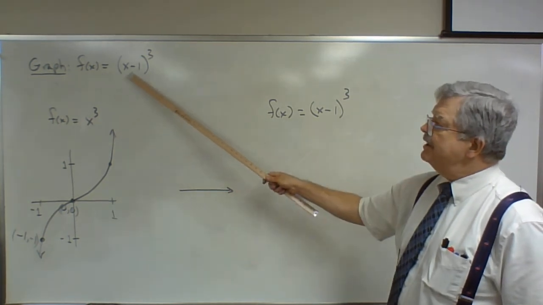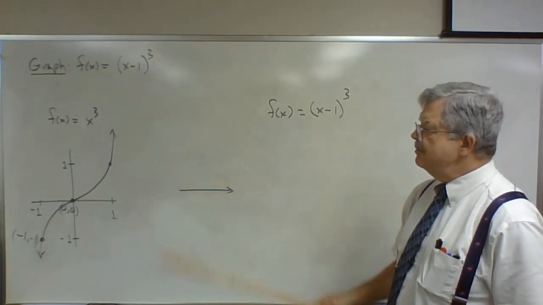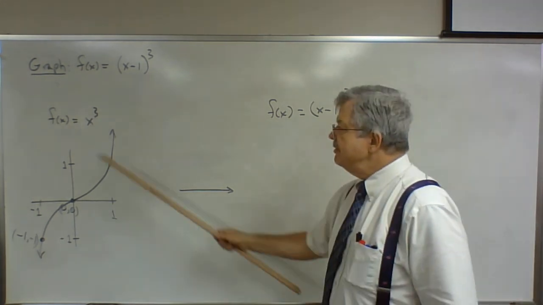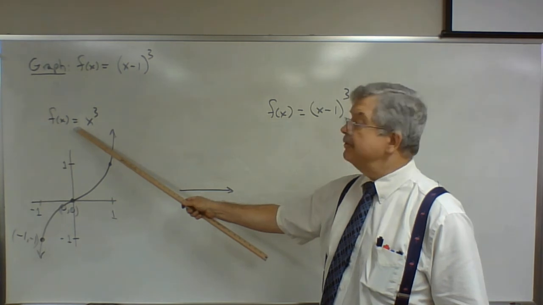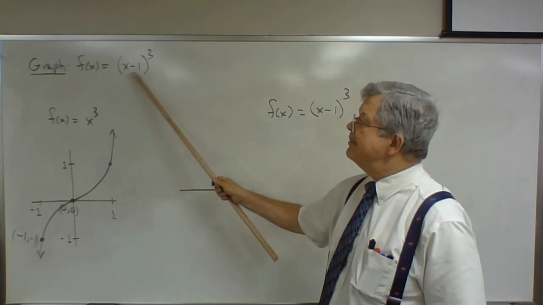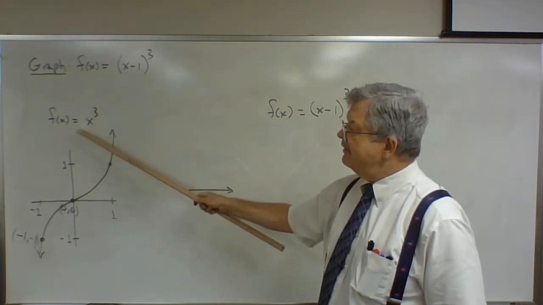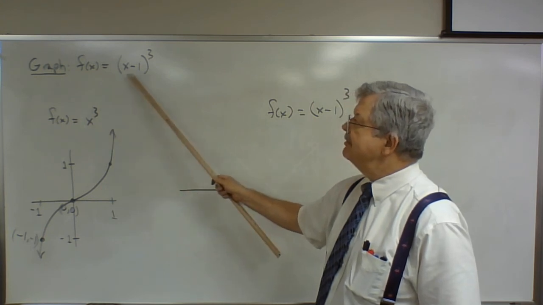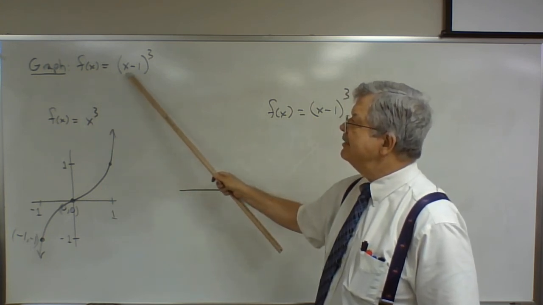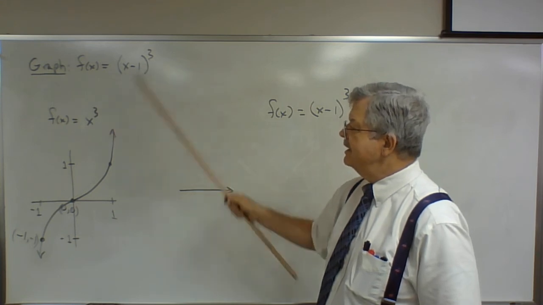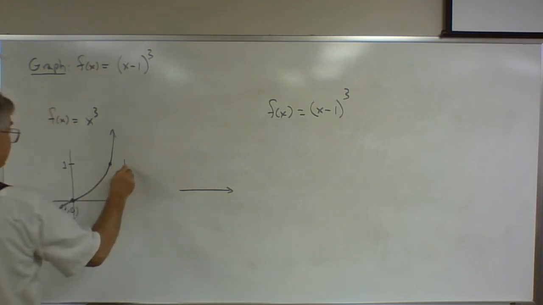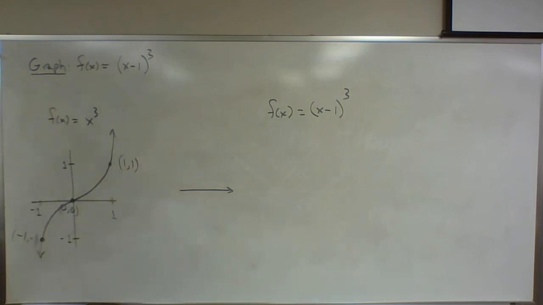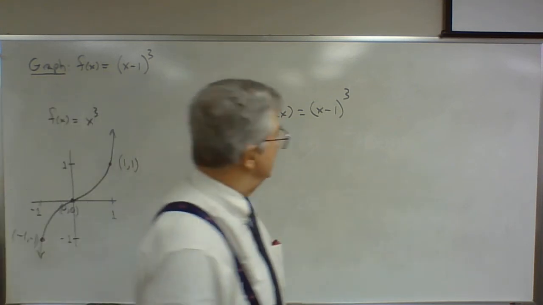Graph f of x equals x minus 1 cubed. To do that, we go to the basic function in our repertoire of basic functions that most closely resembles this. f of x equals x cubed closely resembles f of x equals x minus 1 quantity cubed. So we look at this graph for reference. And the shape of the graph should be the same.